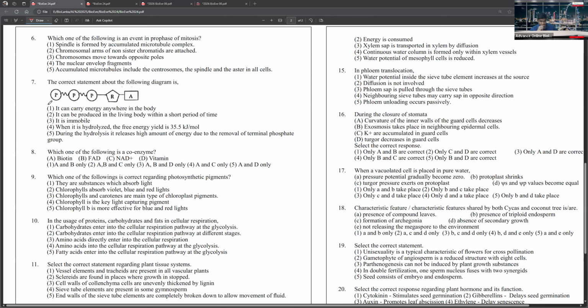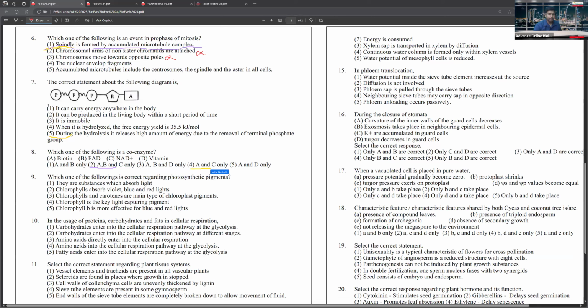Which of the following is an event in the prophase of mitosis? The spindle is formed by accumulated microtubule complex. Chromosomal arms of non-sister chromatids are attached. Mitosis is wrong. Chromosomes move towards opposite poles.